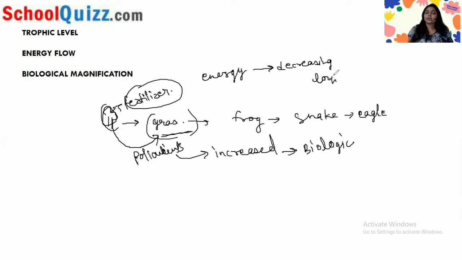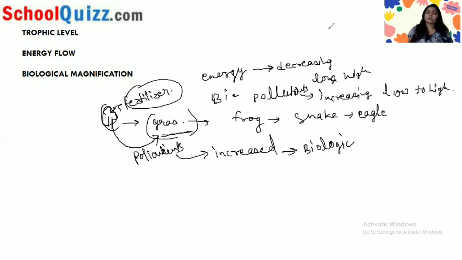And when biological magnification happens, pollutants are increasing from the low to the high trophic level. So this is the basic difference: low to high. These are called biological magnification.